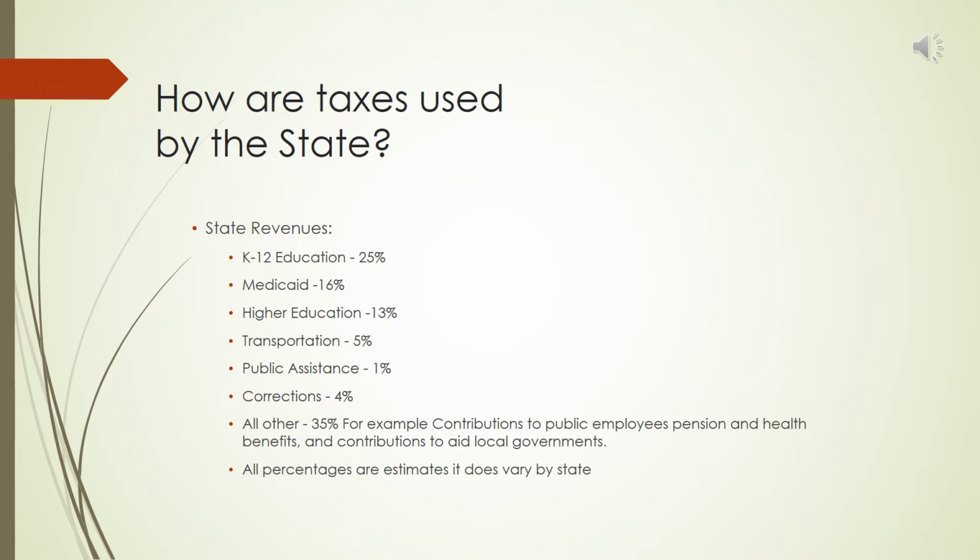Higher education and transportation might receive 13% and 5% respectively, while public assistance and corrections might receive 1% and 4% respectively. The other 35%, for example, could be used towards contributions to public employee pensions and health benefits, and contributions to aid local governments. All of these percentages here are estimates, as it does vary by state.